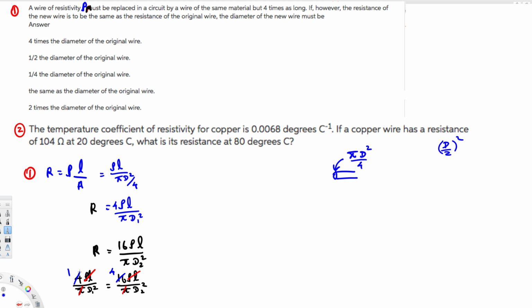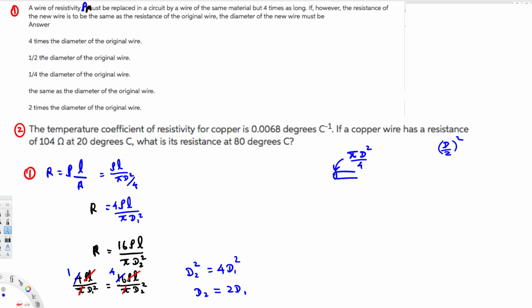Let's rearrange this equation to get d2, which is the answer we're trying to find. So d2 square is equal to 4 d1 square. If you take the square root, the new diameter is going to be 2 d1.